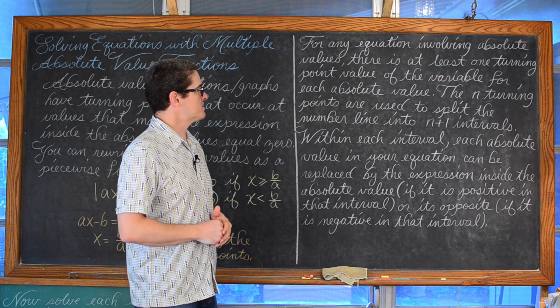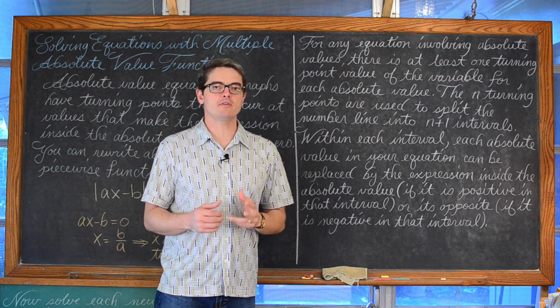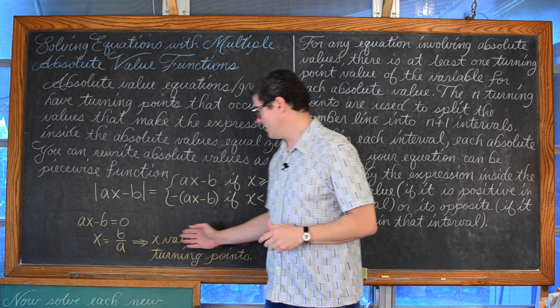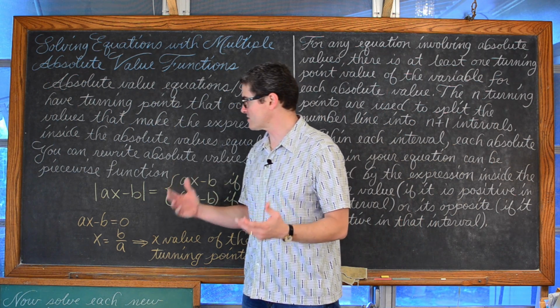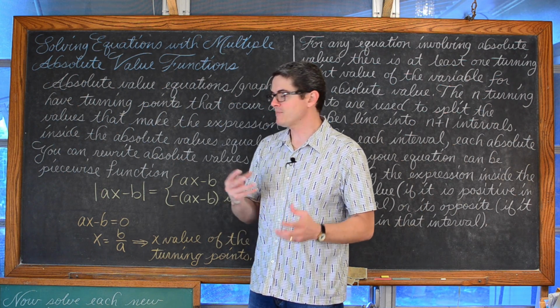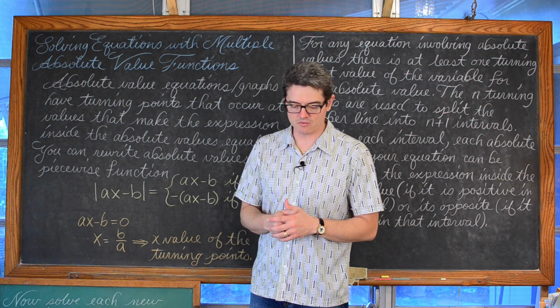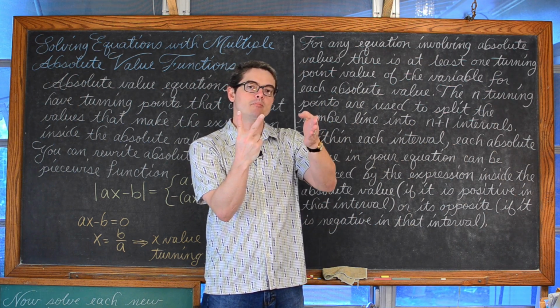The n turning points are used to split the number line into n plus 1 intervals. So if you find that you have two turning points, two x values that make the expressions inside your absolute value functions equal to 0, then those two turning points are going to cut your number line into 3 parts.